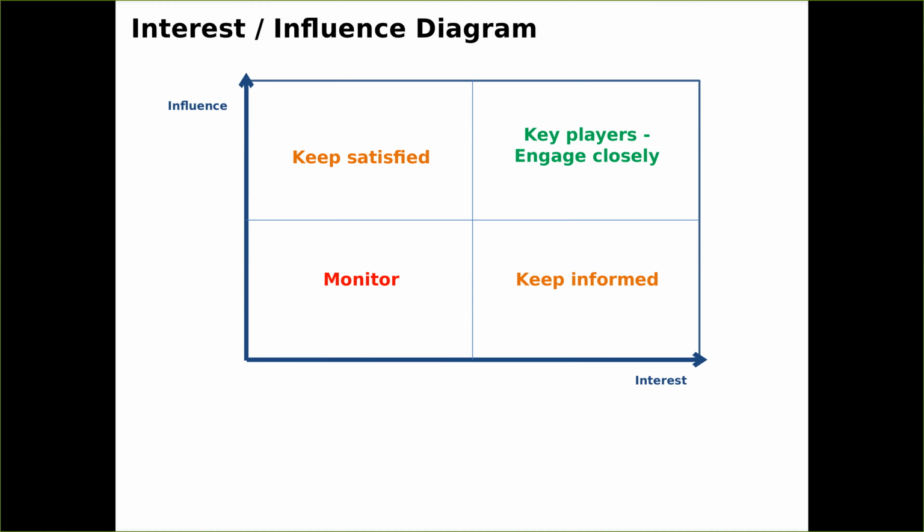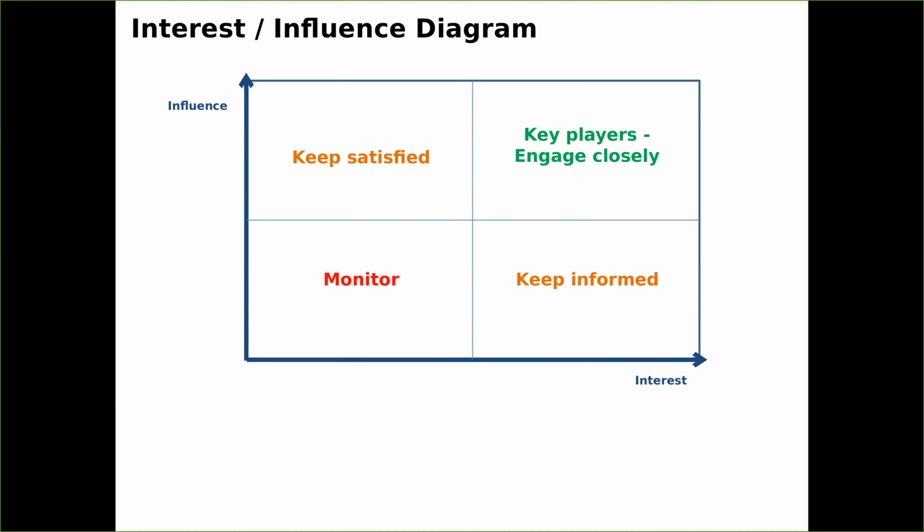You might have key players who are both interested and influential in this project. Those are probably the people on your project team, or very close to it, that you're engaging with closely. For the other two quadrants, people who are very influential but not really interested in the project itself, just keep them satisfied. They just want to be satisfied that what you're doing is positive and doesn't affect them negatively.